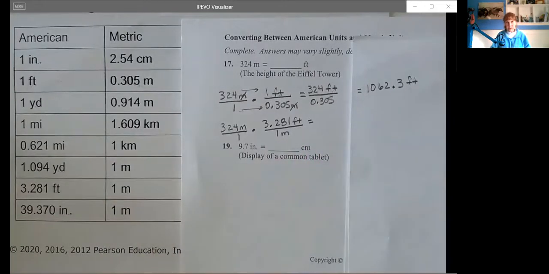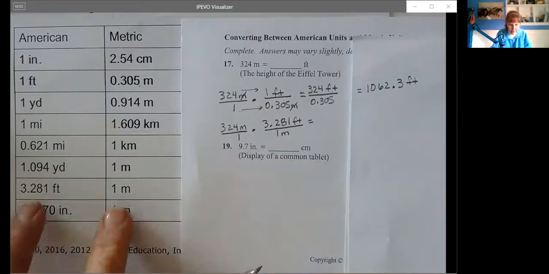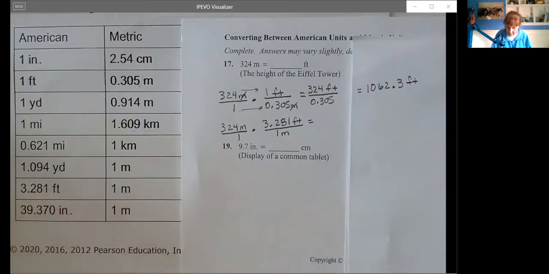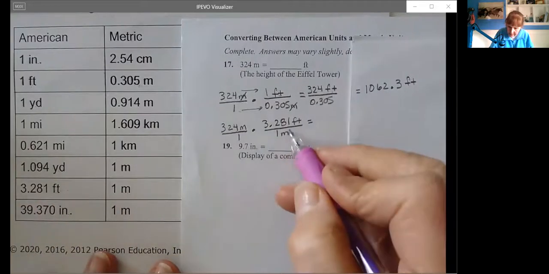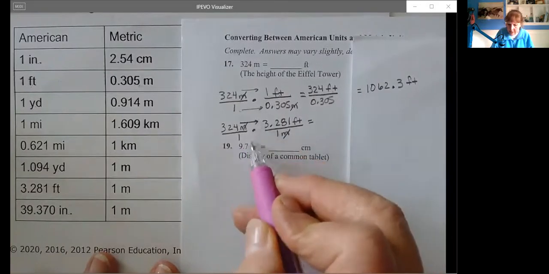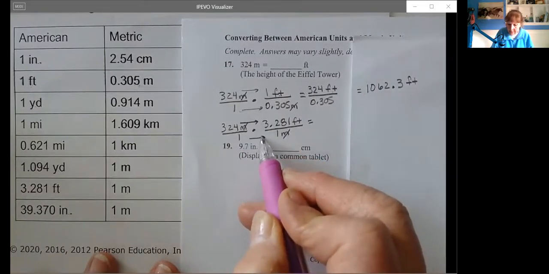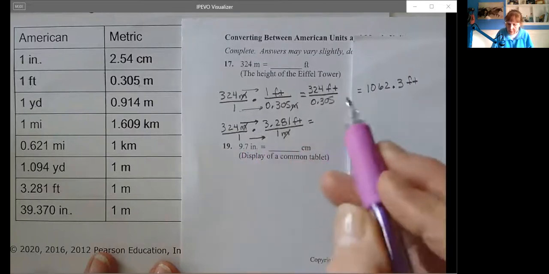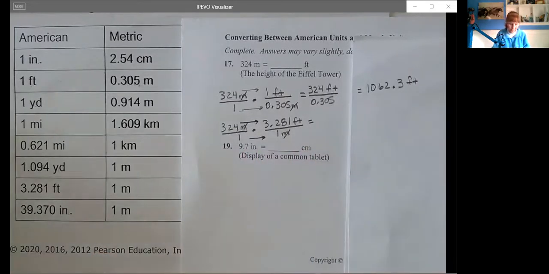So I created my ratio that's equal to 1 using these values here. They're equal to each other. The meters cancel, and we will multiply straight across. Looks like we'll have a 1 in the denominator. So it's a multiplication rather than a division like the other one, but shouldn't matter. 324 times 3.281.